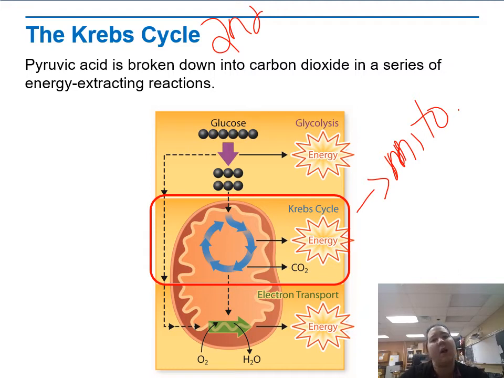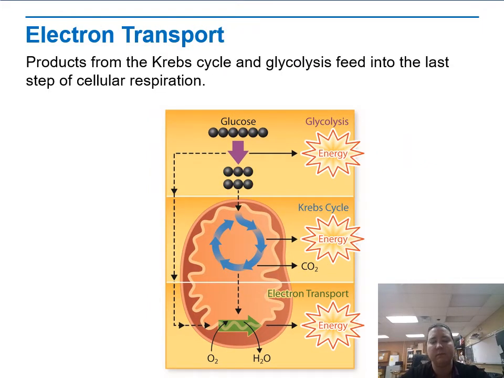There are a lot of reactions that happen in here, and we're not going to focus on them at all. But what's happening is that pyruvic acid is used and releases carbon dioxide, but it also releases energy.